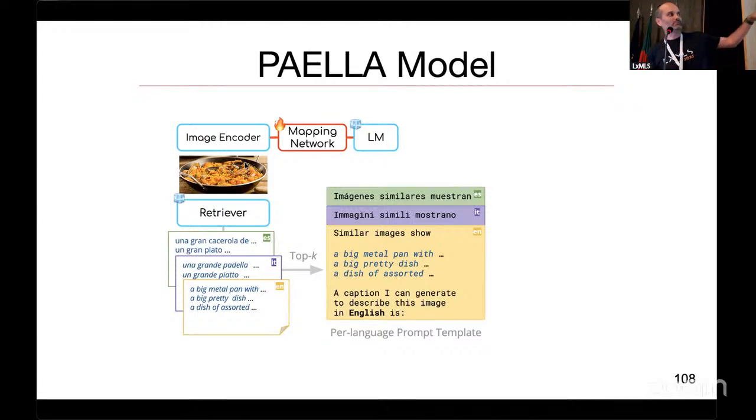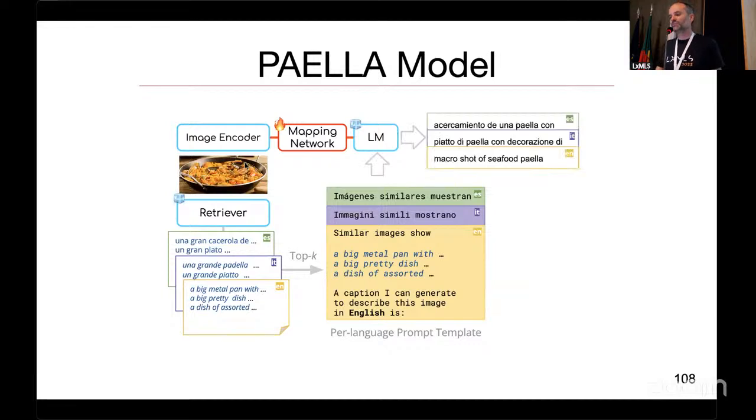We have a template that looks like this for English. We also had templates for Italian and Spanish, and actually 36 different languages. Then we would train the mapping network by trying to predict the expected translation, or in this case, the in-language caption on the other side.